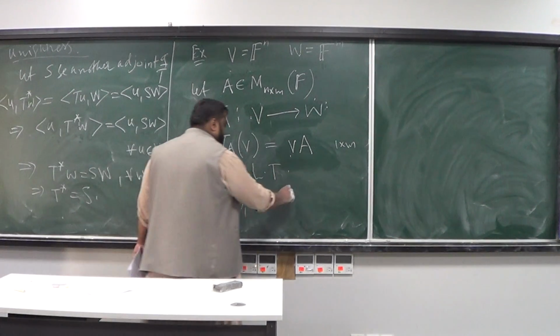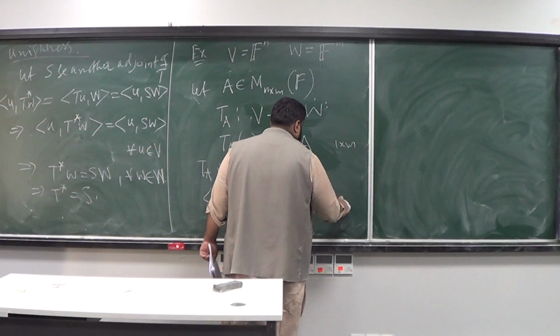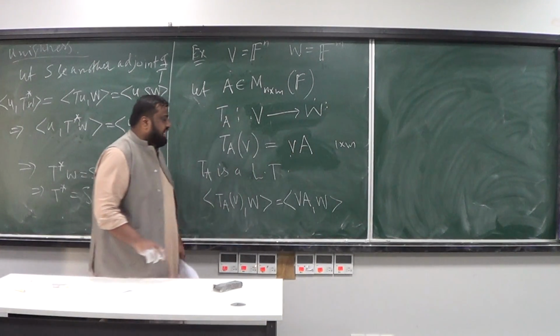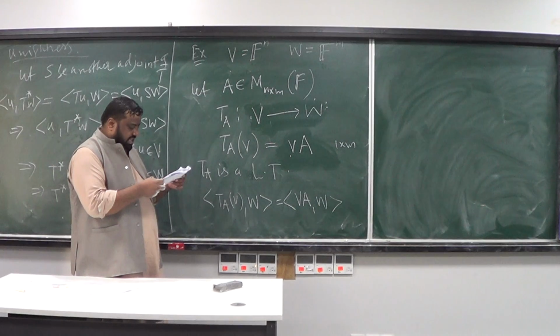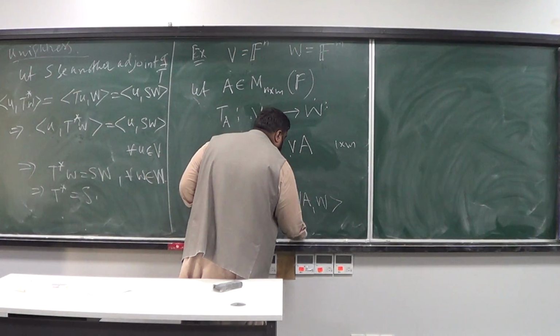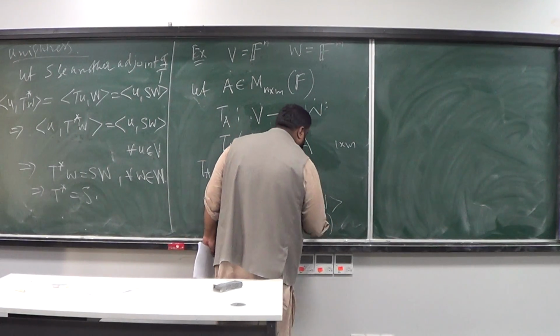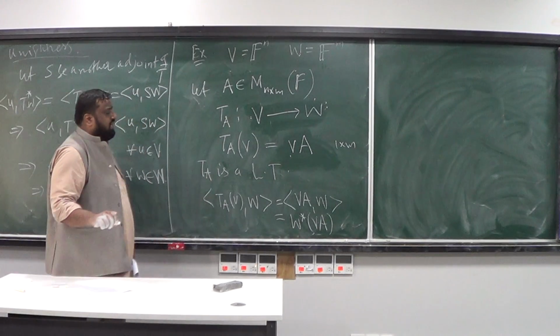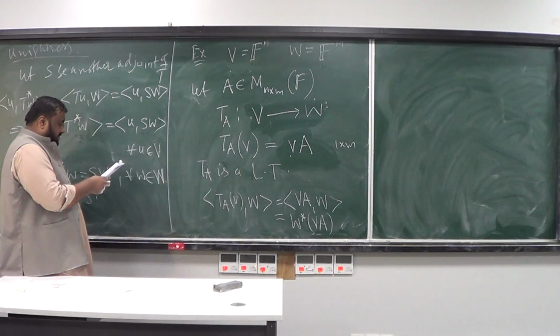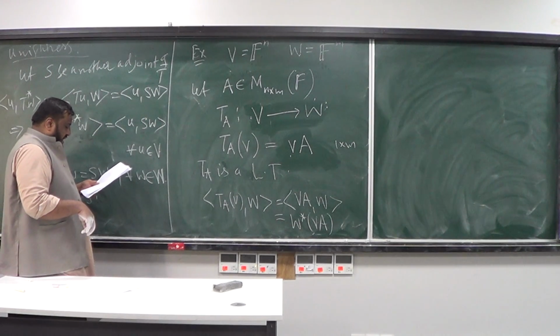I can write this as vA with w. The standard inner product on W is basically w star times vA.